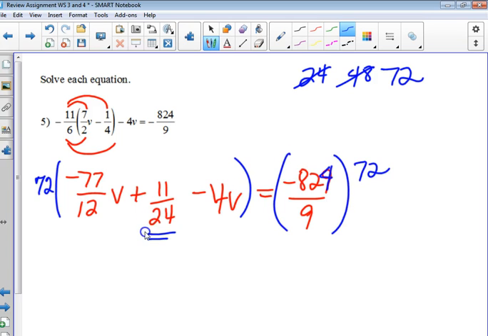All right, I need you to have your calculator open and be typing this. Otherwise, it just seems like it's magic. Okay? 72 times negative 7 over 12.